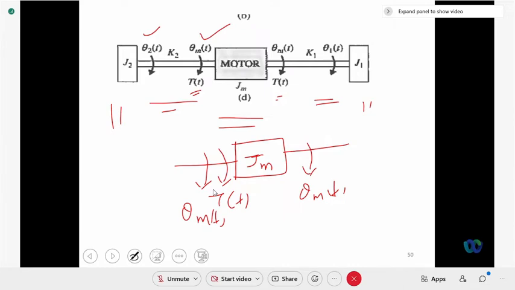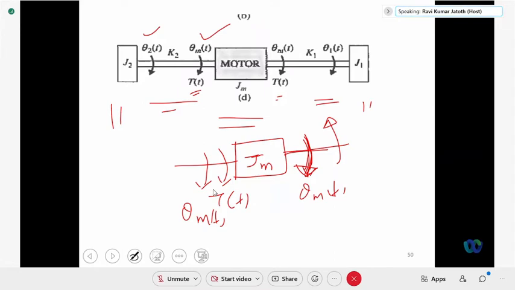And when this particular shaft is moving in the downward direction, due to the non-rigidity of this shaft, there would be an opposing torque due to what? There is a spring here. When the spring is moving downwards, the deformation is represented by the spring.